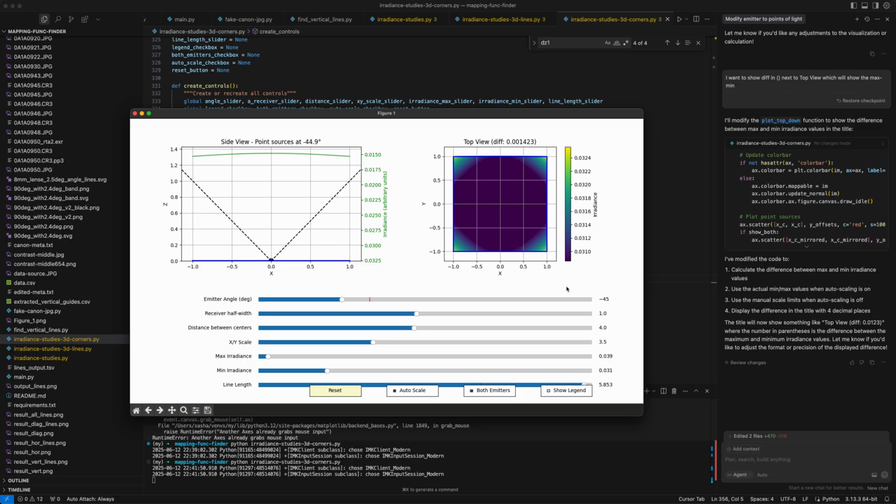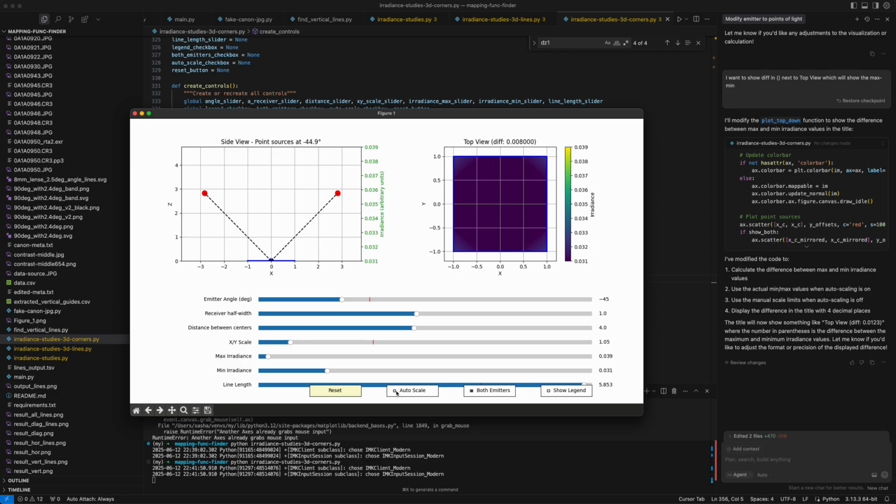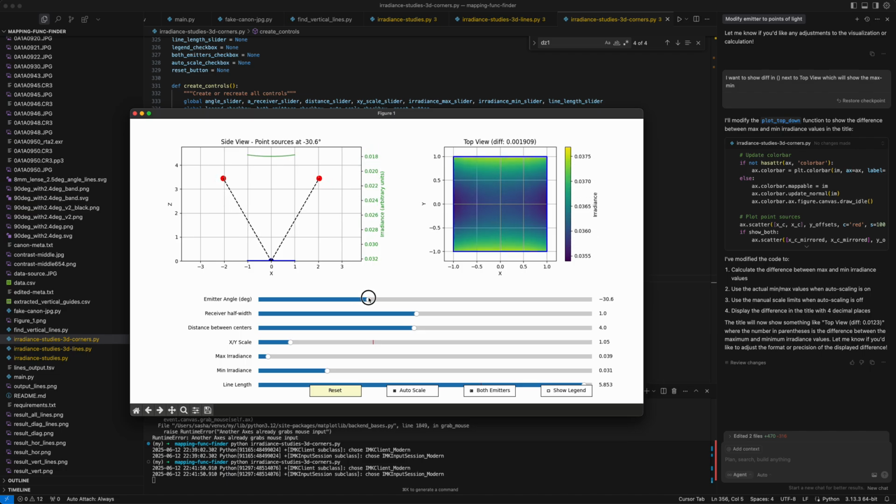I mean, the difference is much bigger than I had before to begin with. Yeah, that's what I thought. The diff is not as small as when it was 30 degrees. You get the disintegration much smaller at 30.